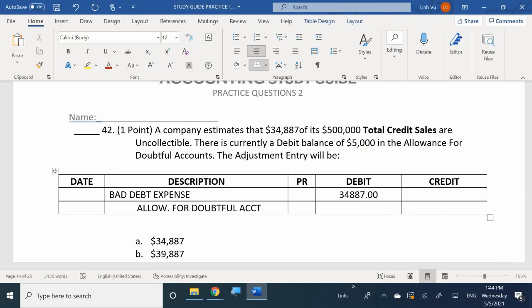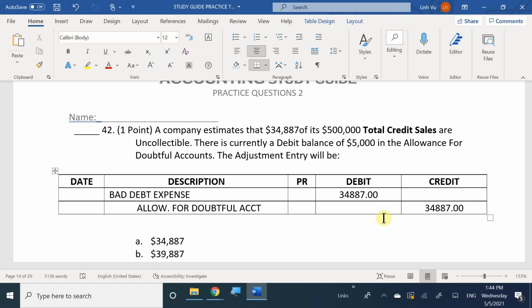Okay. So once again, the only way I can describe this to you to be able to be successful in answering the questions is to read the question really carefully, because the keywords we're looking for are accounts receivable and total credit sales.